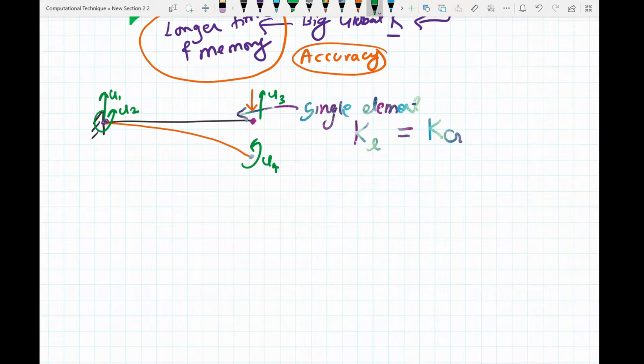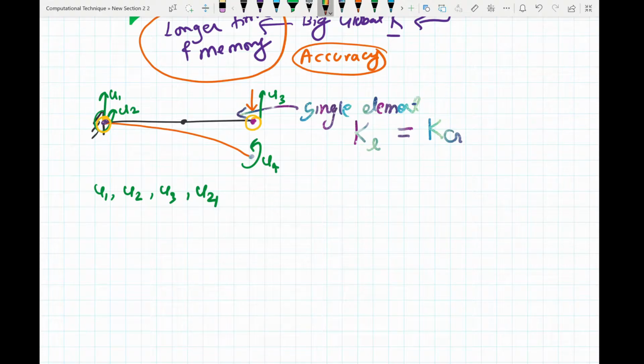Now while solving this, you'll only obtain U1, U2, U3 and U4 at these ends here. But what you really want to do is find your deflection, let's say about this point here. Now how do you do it?